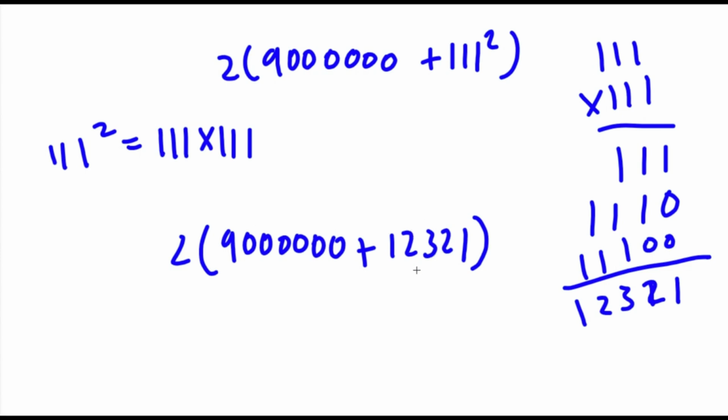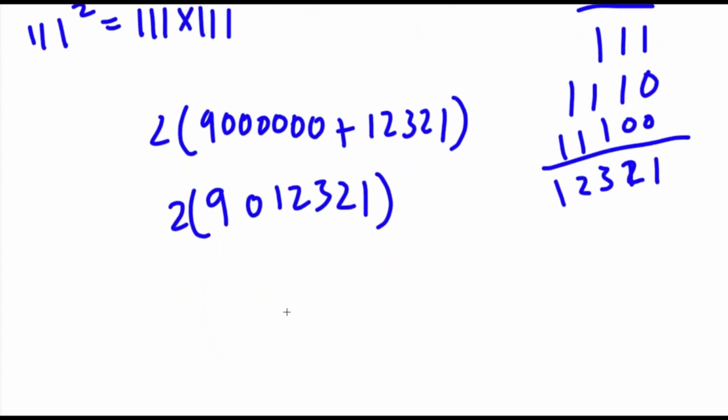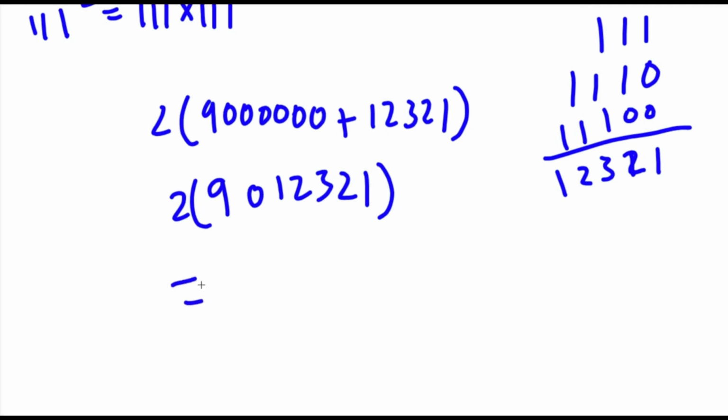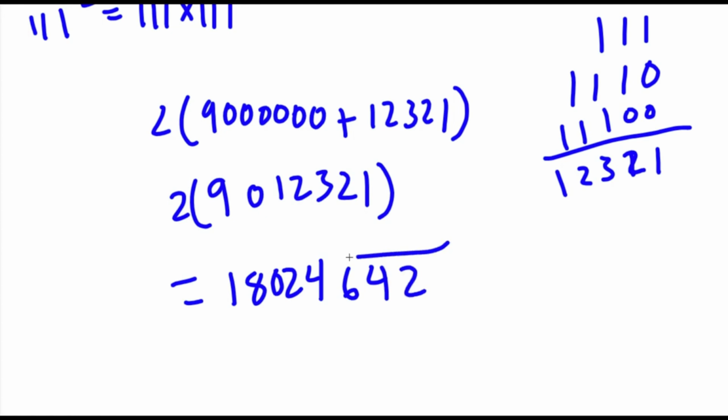Now, 9 million plus 12,321 is going to be 9,012,321. 2 times that is going to equal 18,024,642. So this is our answer.